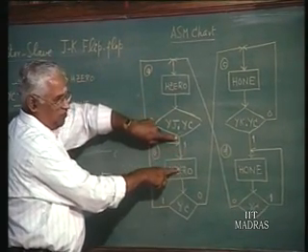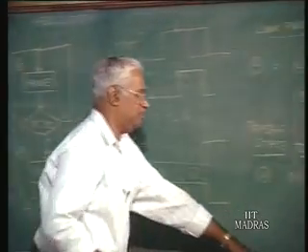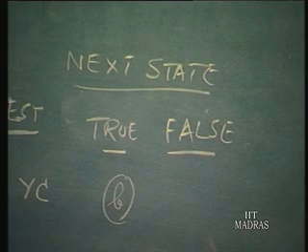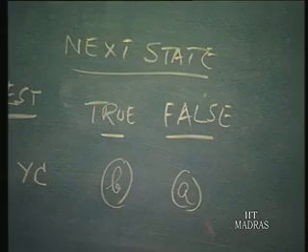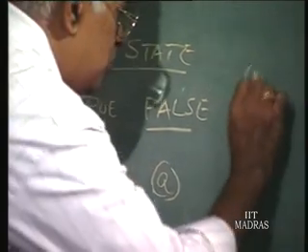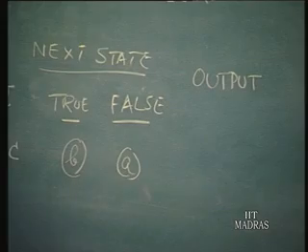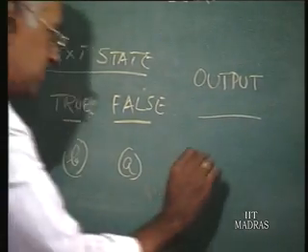So the true next state for the present state A is B, and the false next state is A, and the output that must be generated in this particular one must be H0. Right?